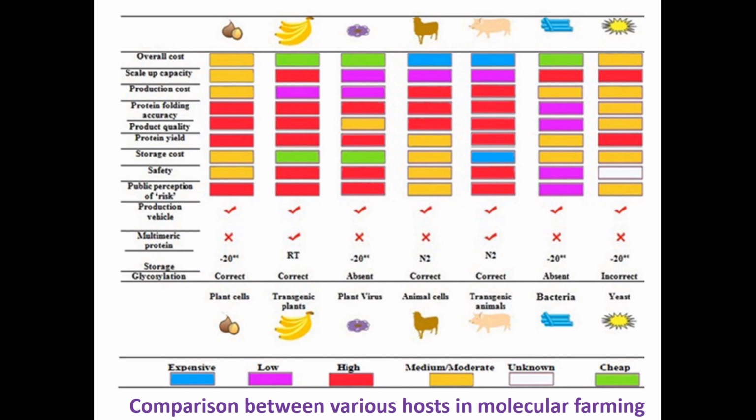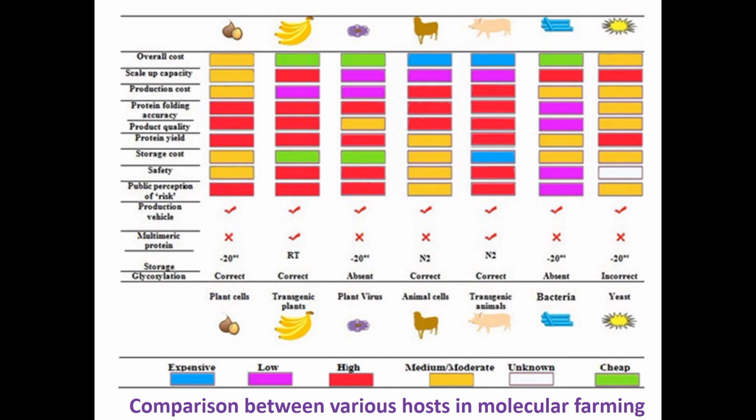Then you have transgenic plants, especially fruits like banana. You see the overall cost is very cheap when you target a protein directly to the banana, and the banana can be eaten raw, consumed directly by us, so it will be the cheapest overall cost in production. Storage is also very cheap; you can store the banana wherever you want.